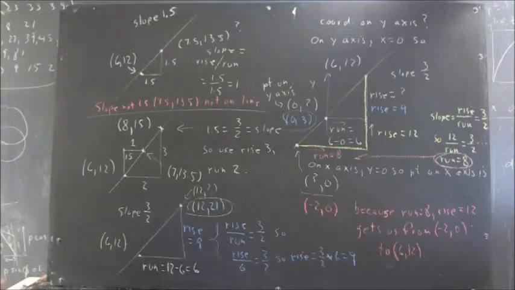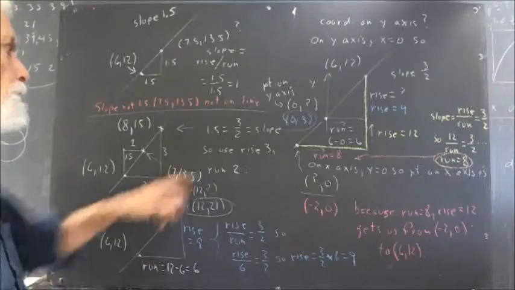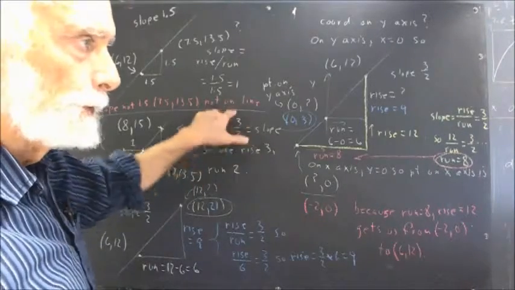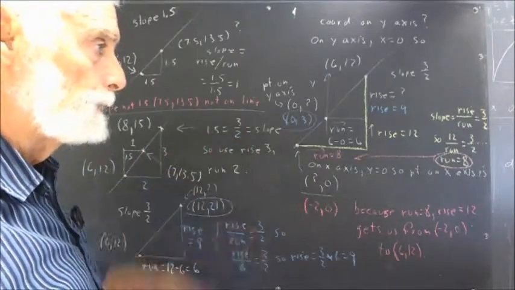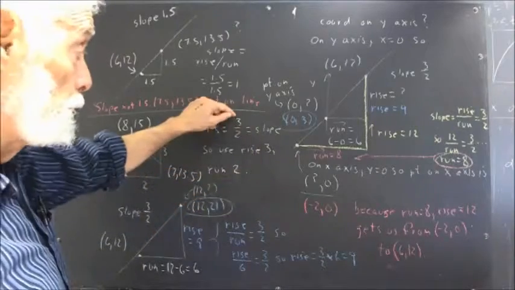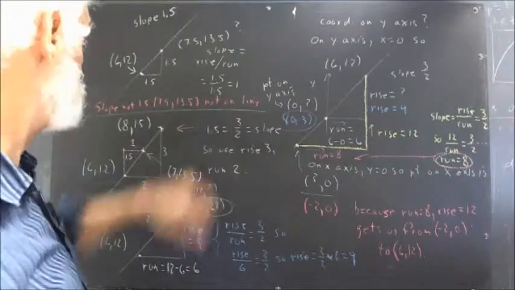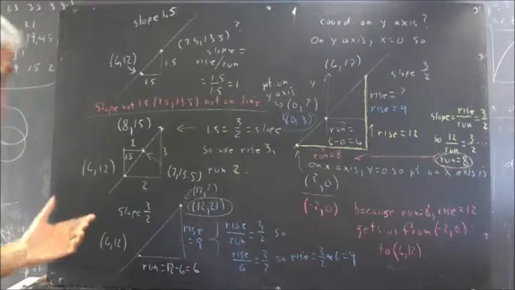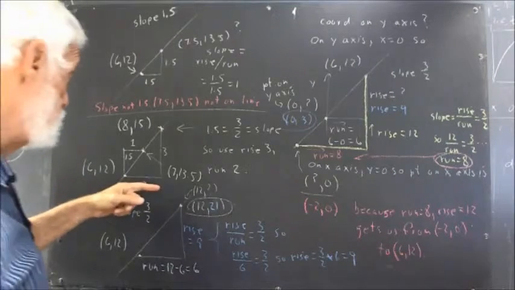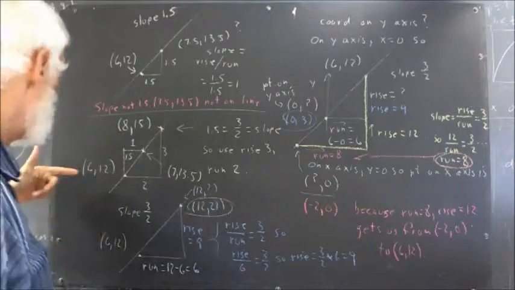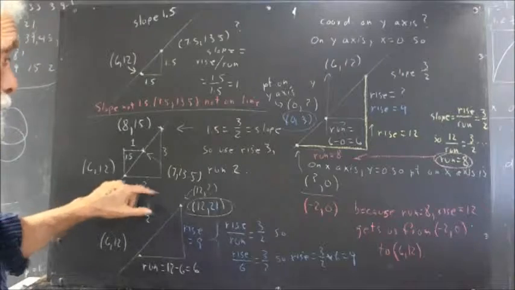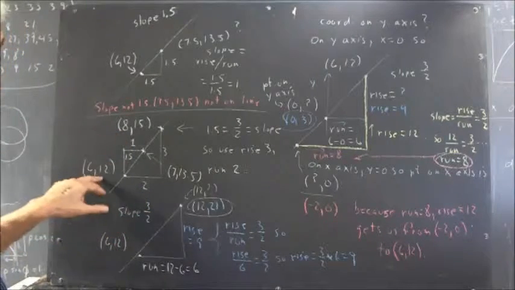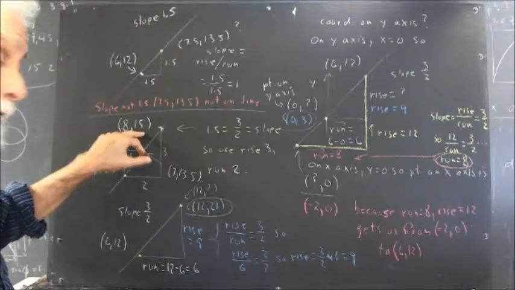Now, the next suggestion we had was a very good suggestion. It worked just fine. 1.5 is 3 halves, and the slope is supposed to be 3 halves. Well, that suggests using a rise of 3 and a run of 2. So let's see how that works. We have a run of 2 and a rise of 3. Where does that put us? 6 and 2 gives us 8. 12 and 3 gives us 15.